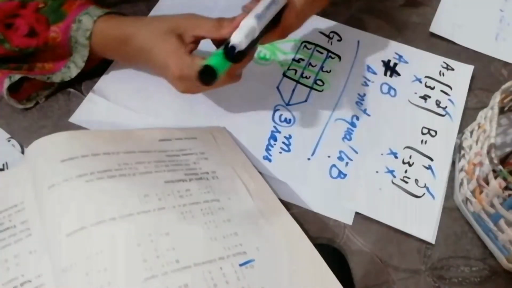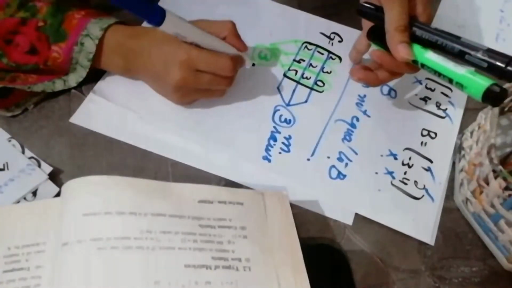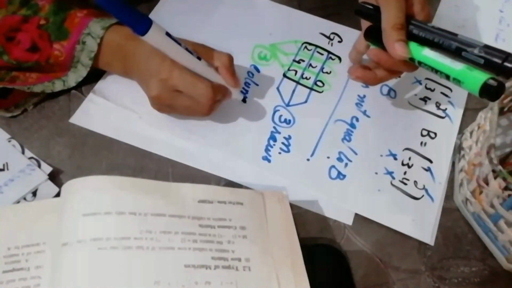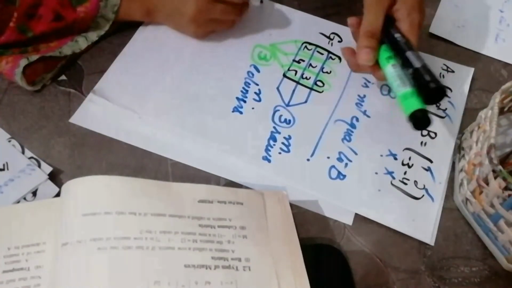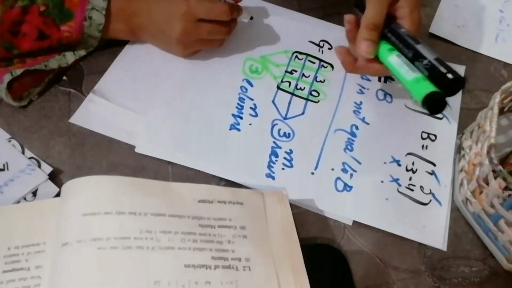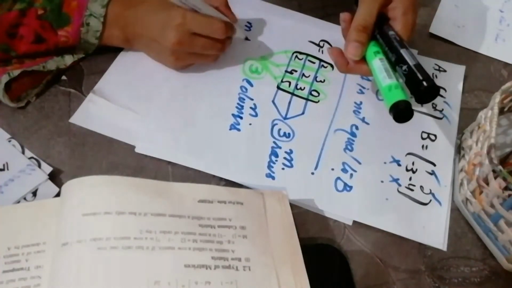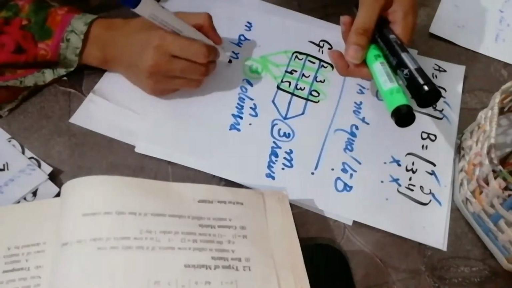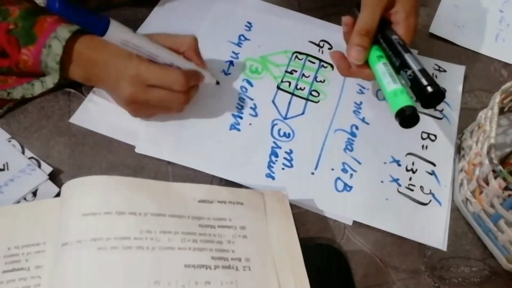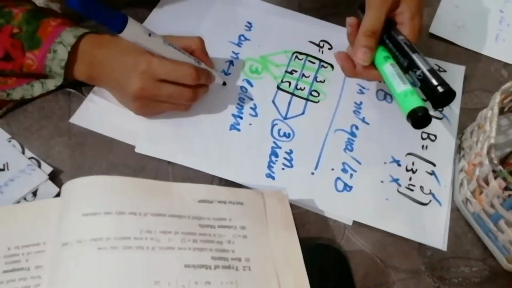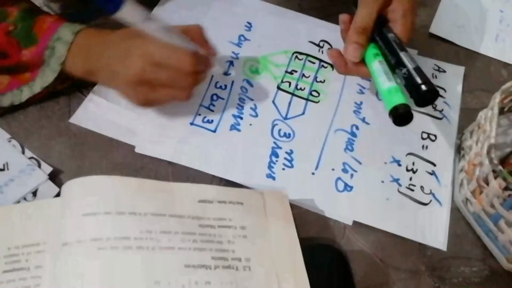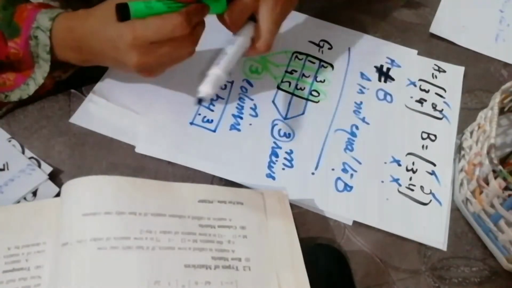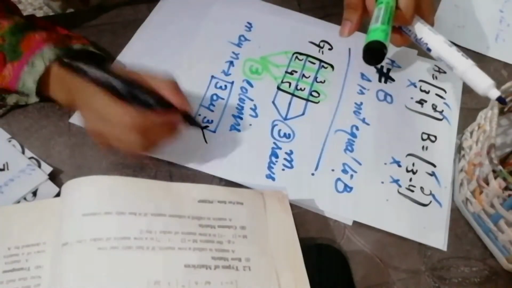Yes, right. 3 columns means N. Now according to the formula which we have already learned, that is M by N, the answer will be 3 by 3. So its order is 3 by 3. We are done with this question.